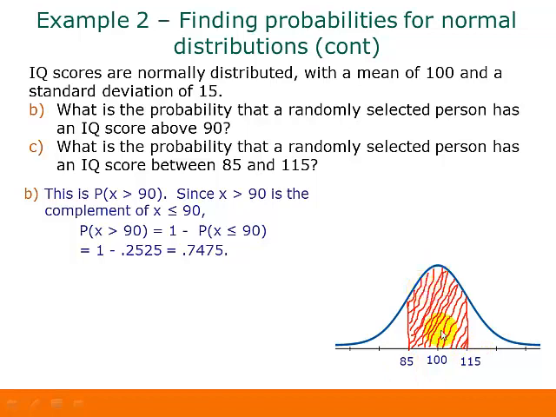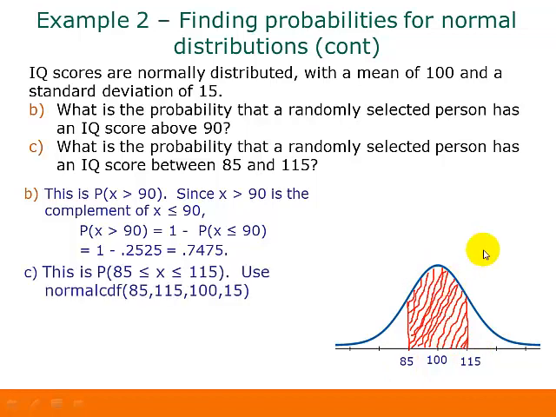So here's our area shaded in between those two. So for this we can just use 85 as our lower bound and 115 as our upper bound on our calculator, and we put in the 100 for the mean and the 15 for the standard deviation. And this gives us an answer of 0.6827.